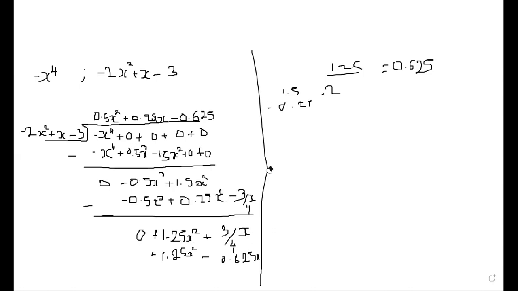Just try to clear this line. Then negative 0.625 times 3. That would give us 3 times 5, that's 15. 3 times 2, that's 6, that would be a 7. 3 times 6, that's 18.